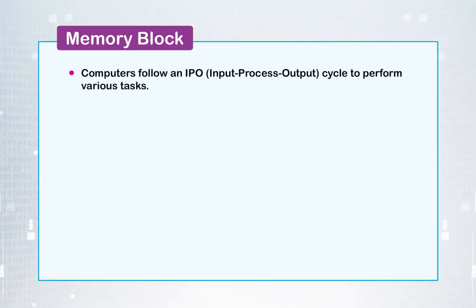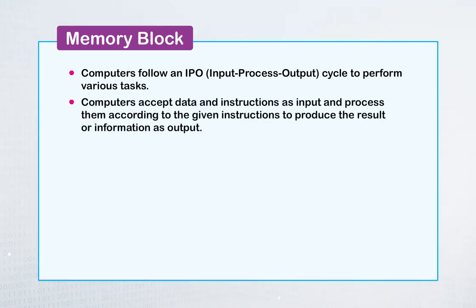Computers follow an IPO, input process output, cycle to perform various tasks. Computers accept data and instructions as input and process them according to the given instructions to produce the result or information as output.